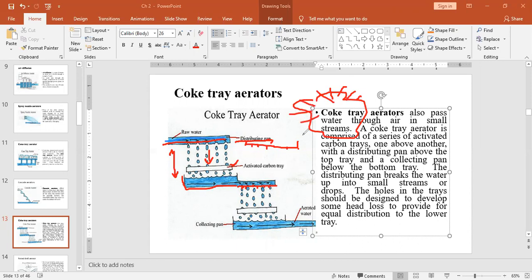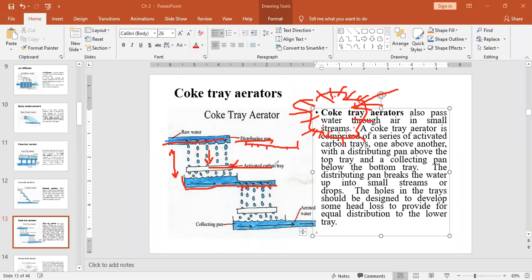When water comes into contact with this porous activated charcoal, the impurities present in water will be stuck in the porosity of the activated charcoal, and will be removed. You can remove this activated charcoal tray, and the impurity will come out from that water.